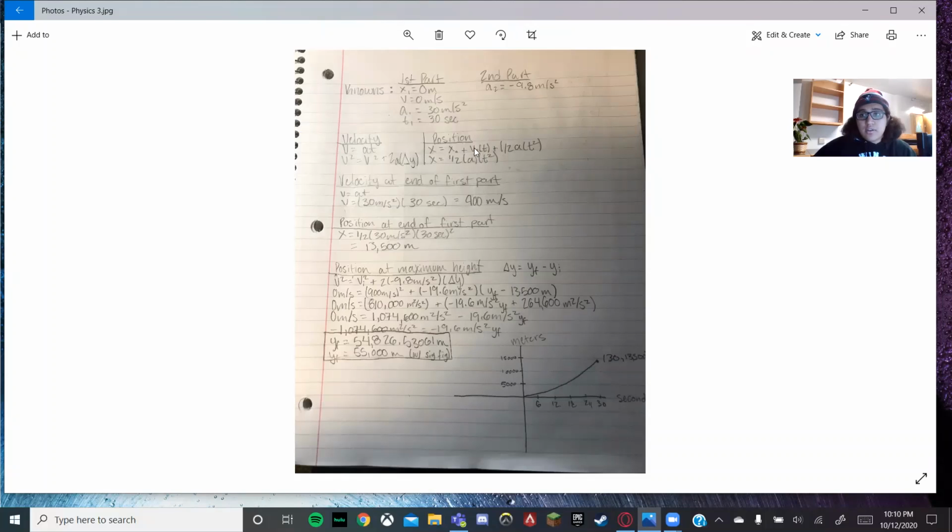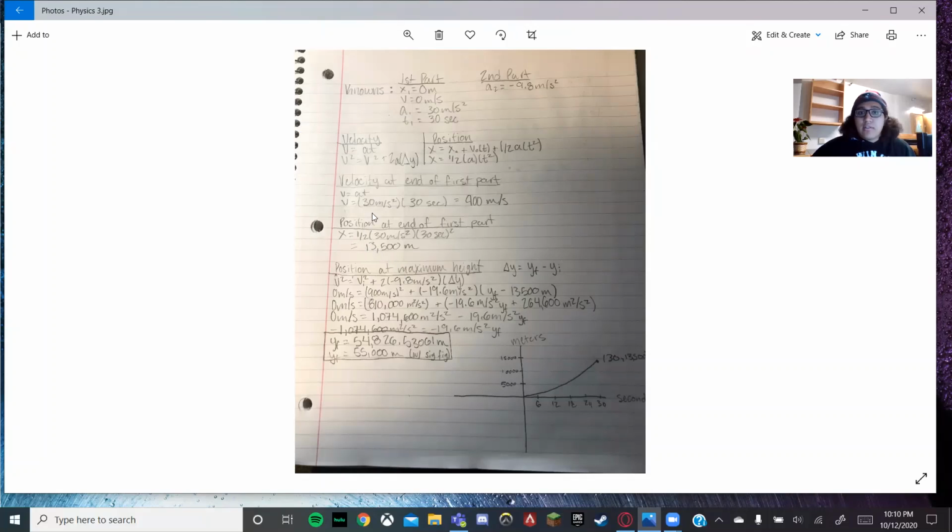Our initial velocity and initial time were also 0, so we can get rid of those parts too. We're just left with 1/2 acceleration multiplied by time squared. This isn't the maximum position, but it gets us part of the way there, and we need that number for later parts.